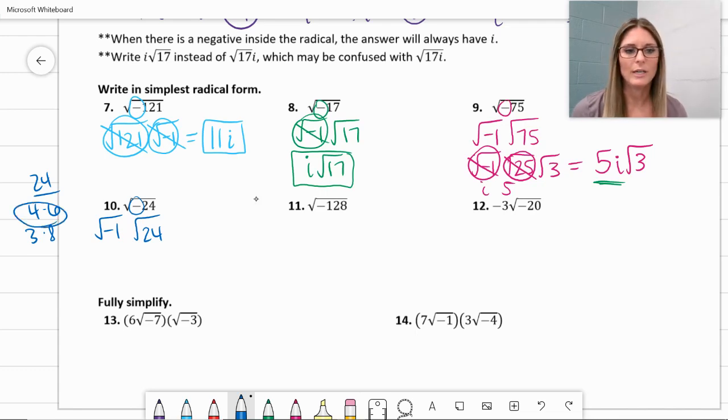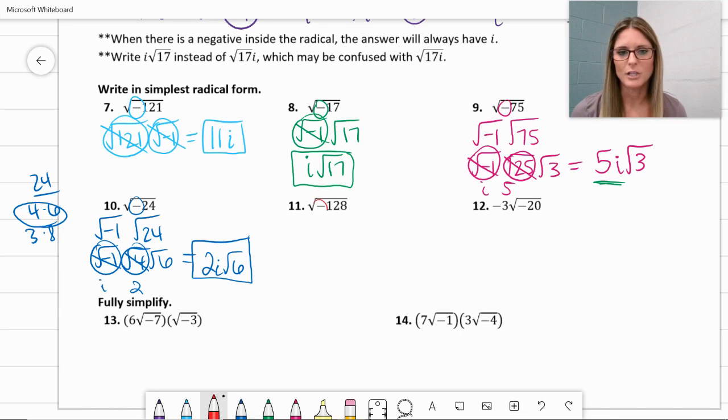So you want to choose 4 and 6 to help you simplify. The square root of -1 is my i. The square root of 4 is a 2, and there's nothing more I can do with 6. So order it correctly, 2i radical 6. Final answer.